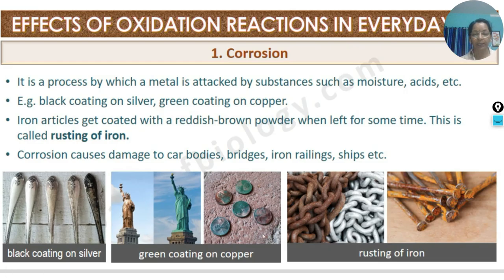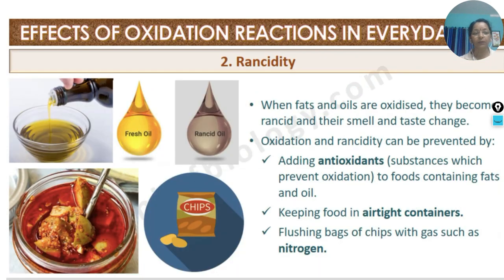Rusting of iron, a green coating over copper articles, and black particles on silver articles are examples of oxidation reactions. To avoid oxidation, we can add antioxidants.